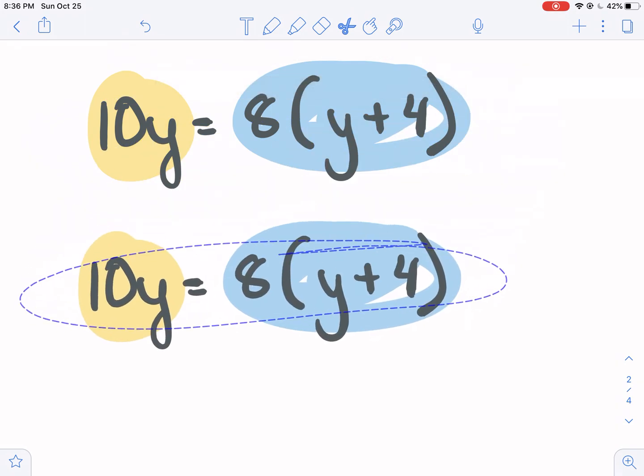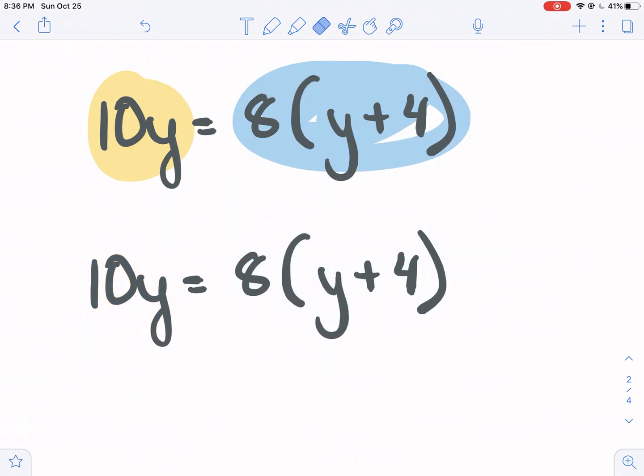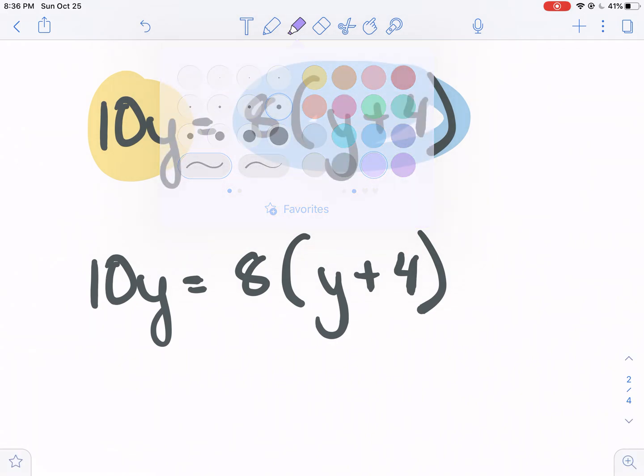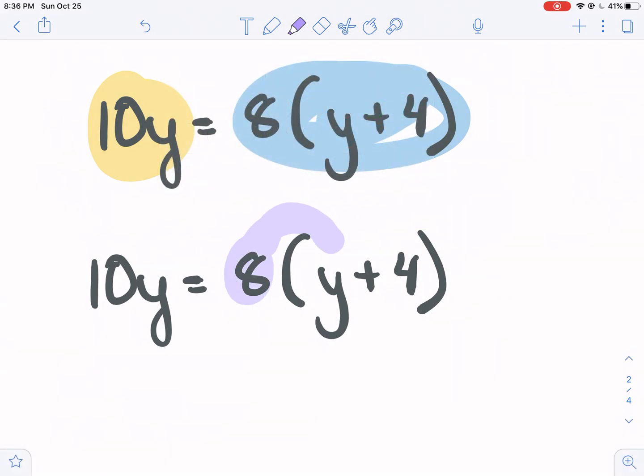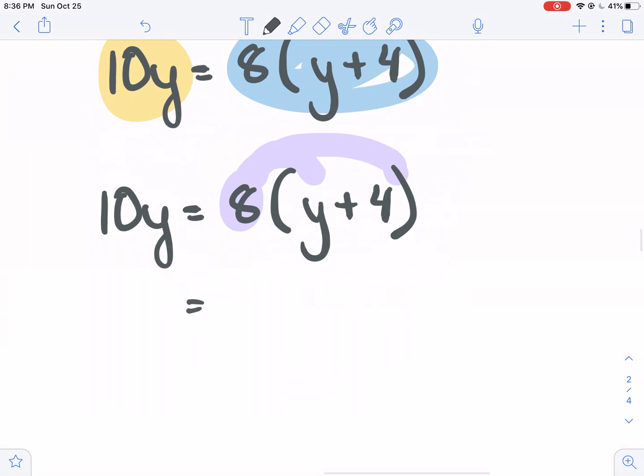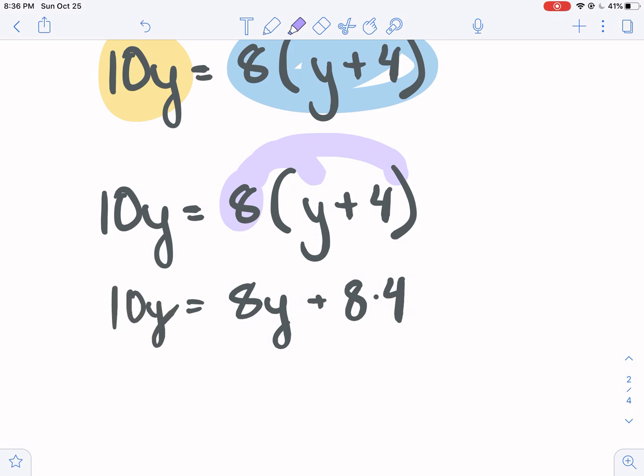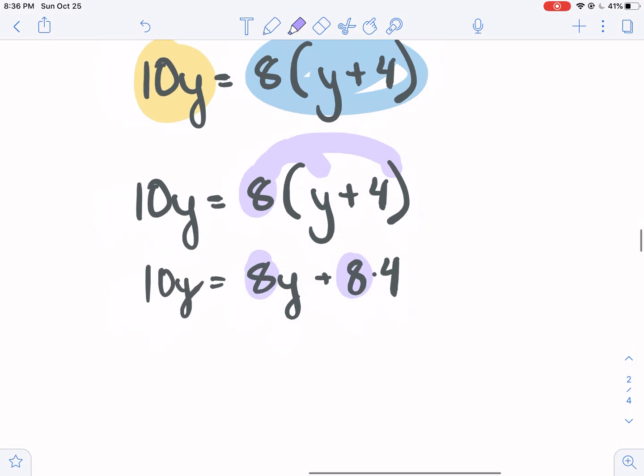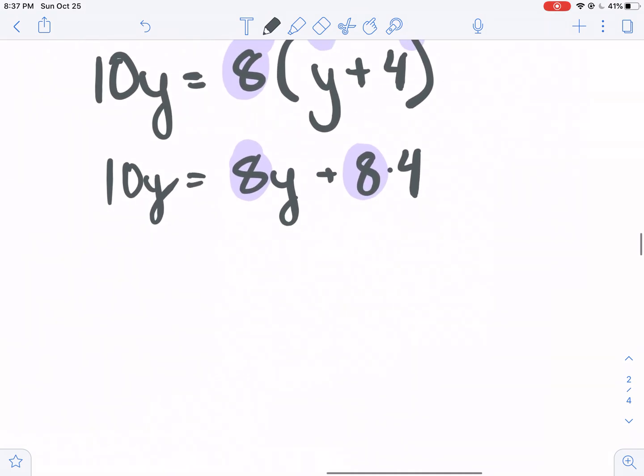Well, hopefully you remember the distributive property, so we can take this 8, distribute him to both terms here. So that's the same thing as 8 times y plus 8 times 4, because our 8 goes to each term. Right?